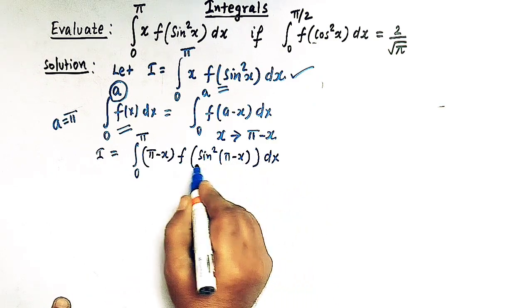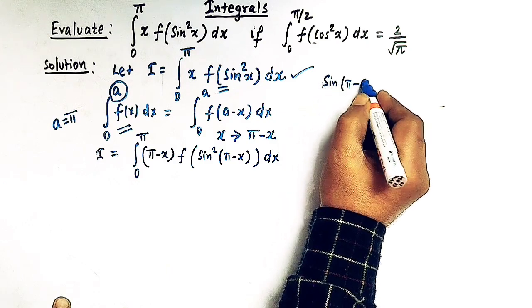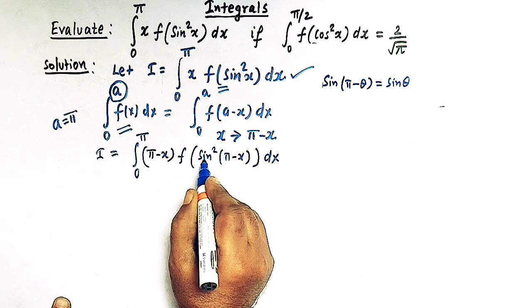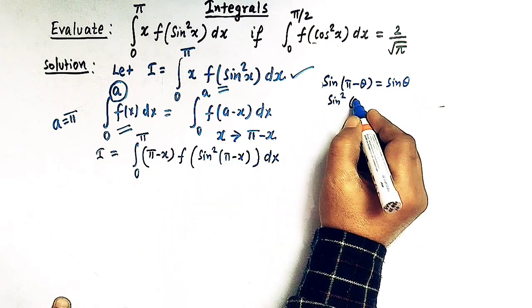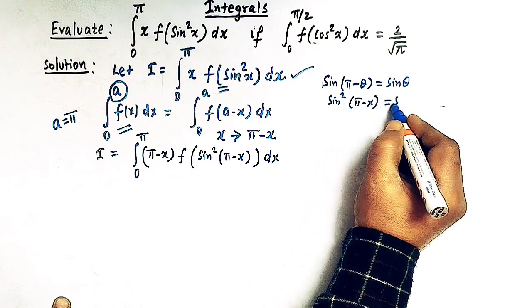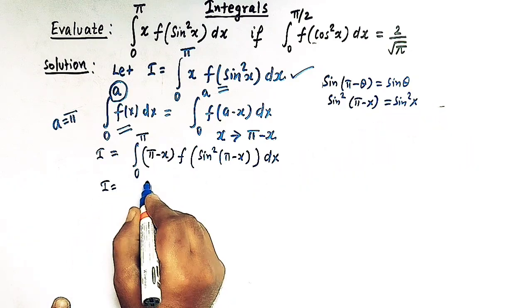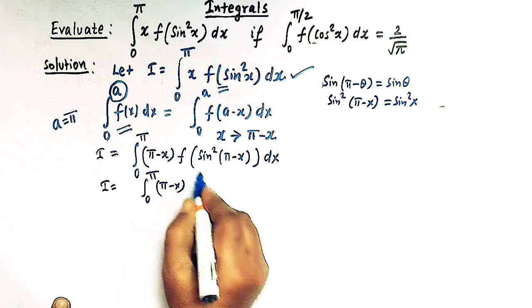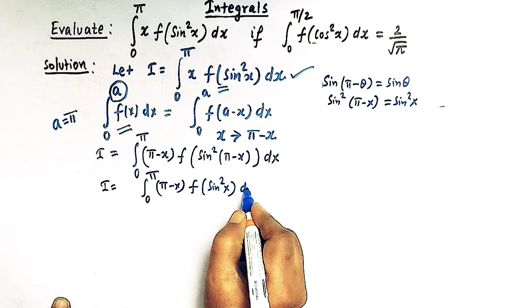So now from trigonometry we know that sine of pi minus theta is equal to sine theta. So sine square of pi minus x is equal to sine square x. So now we have I equal to the integral from 0 to pi of pi minus x times f of sine square x dx.